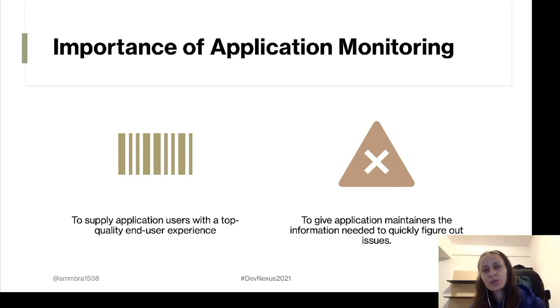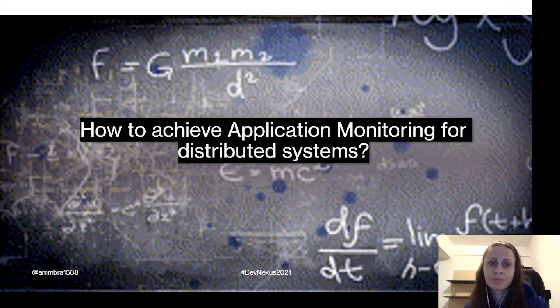Secondly, application monitoring involves having certain metrics, having an overview of what's going on in your application so that you can further improve your application. And if you're improving your application using the information that you get from monitoring, you are improving the end user experience of your application users. In the end, application monitoring is something that benefits not just those who work on that application, making those features, but it benefits also your end users.